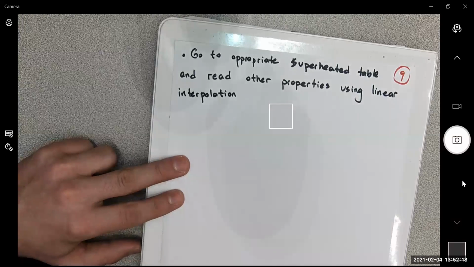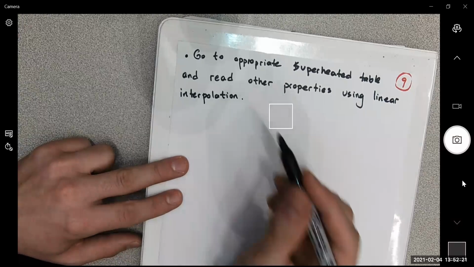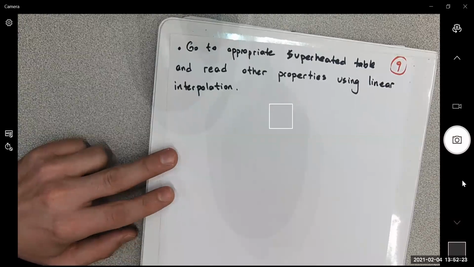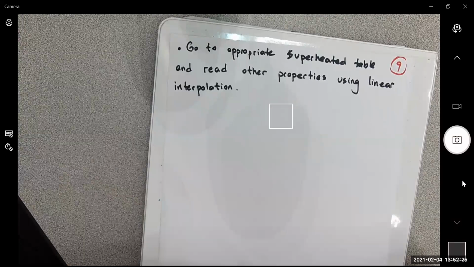Sometimes it is. So, superheated tables.